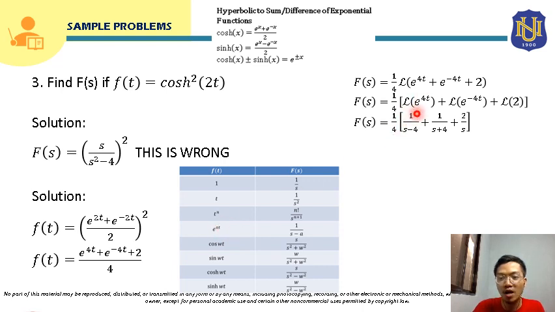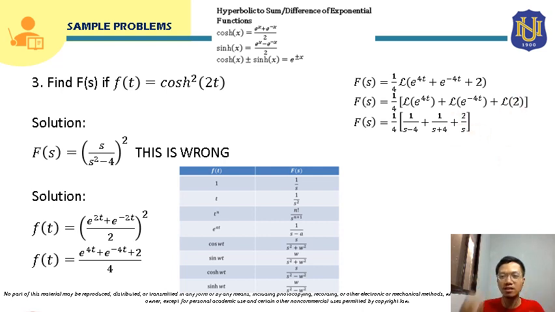So that will just be 1 over s minus a, wherein a is 4, so that will be s minus 4. And then the Laplace transform of e raised to negative 4t will just be 1 over s minus a. Our a here is negative 4, so s minus negative 4 becomes s plus 4. And then we have the Laplace transform of 2. That will just be 2 times the Laplace transform of 1, which is 1 over s. So that will be 2 over s.